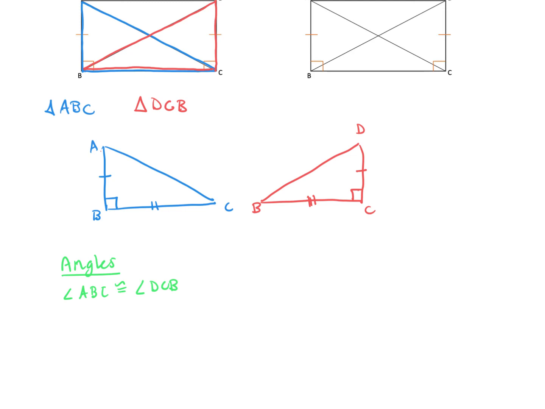Did I already say these triangles are congruent? How do we know that they're congruent? They're congruent by our side angle side congruence theorem. So because our triangles are congruent by side angle side, that means all the corresponding parts are congruent by CPCTC. I think I started to say that and then I got distracted.